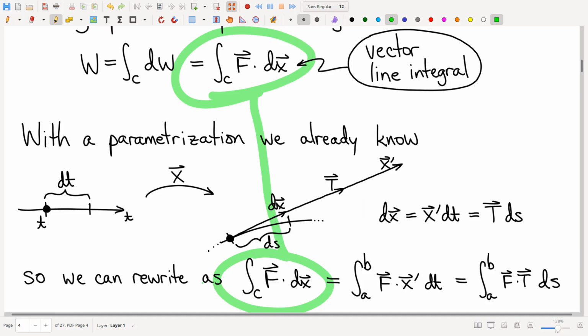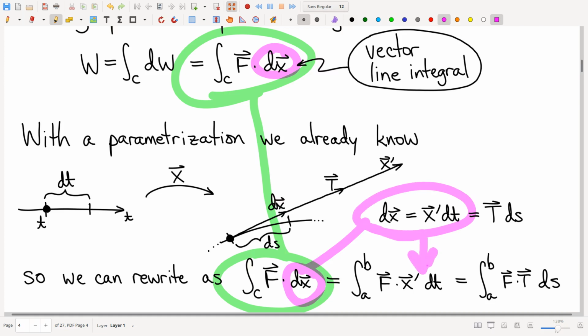So when we're trying to figure out how to compute this brand new, creepy looking vector line integral, it's really kind of nothing to it. The pullback of the differential, well, that differential is something I've already pulled back. I already know how to write dx in terms of t's. It's x prime dt. Keep in mind, x is the parameterization. It's in terms of t.